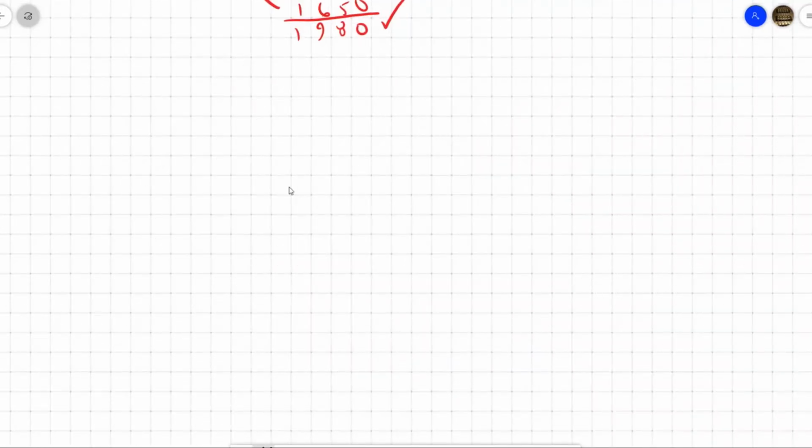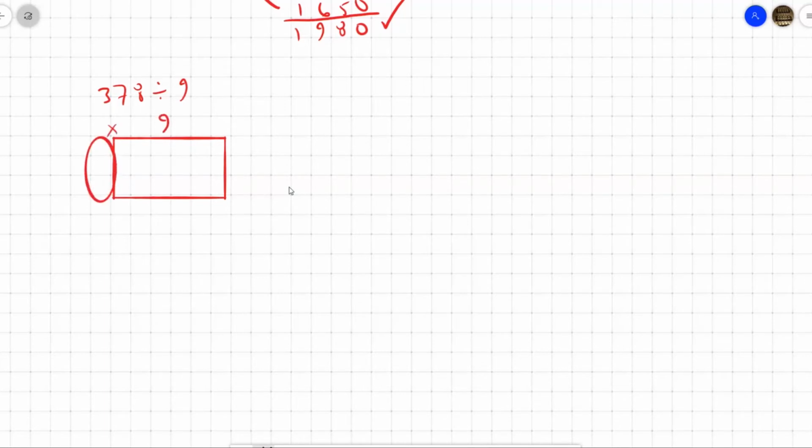Let's revisit our area model with a couple of questions that we looked at before. So I had 378 divided by 9. So I know in my area model, if I could make some sort of array, a rectangle, and I have a side length of 9, whatever the other side length is, as long as my area is 378.